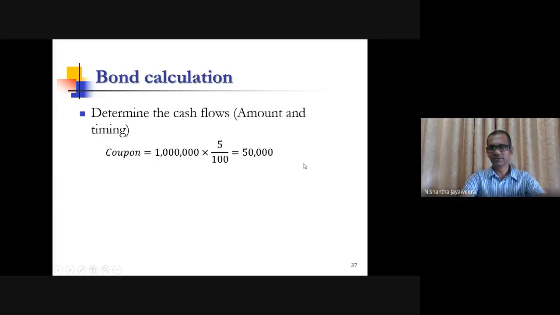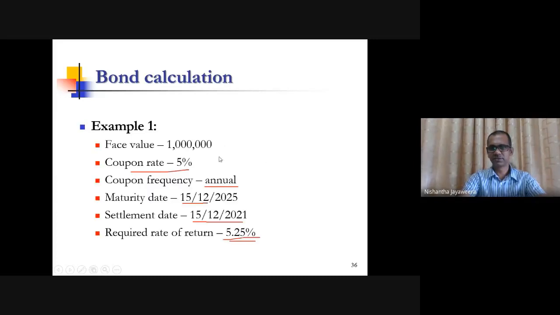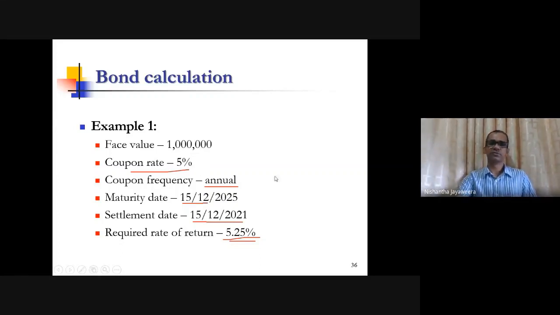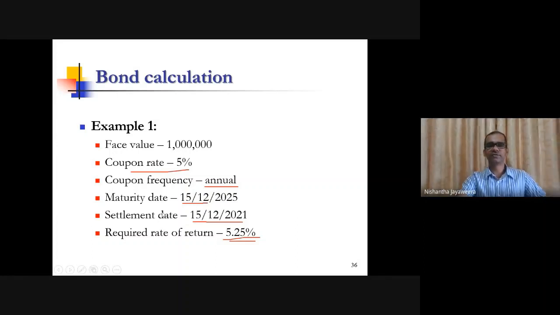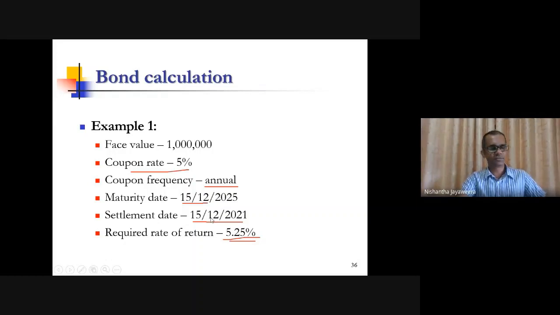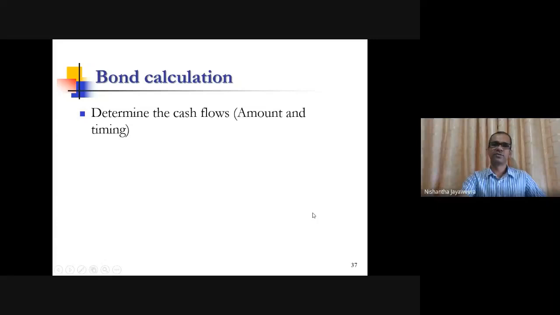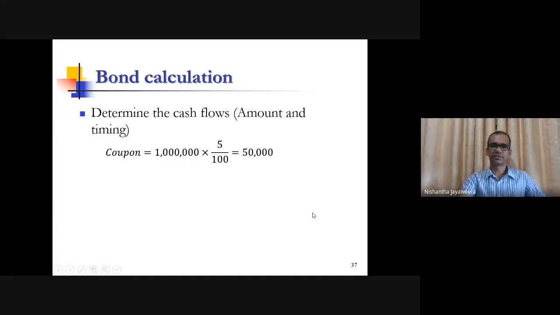So we did an example with a 1 million face value, coupon rate 5%, annual coupon, maturity date December 15th, 2025, settlement date December 15th, 2021, and the required rate of return 5.25. First we calculate the coupon.